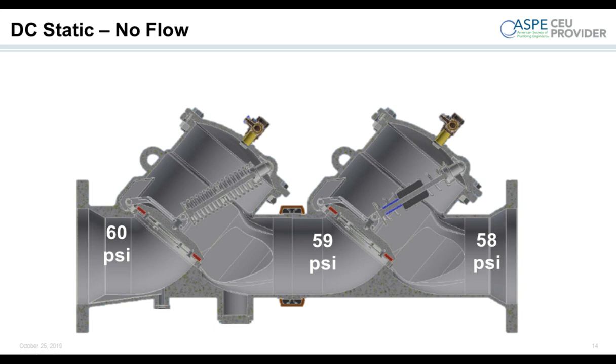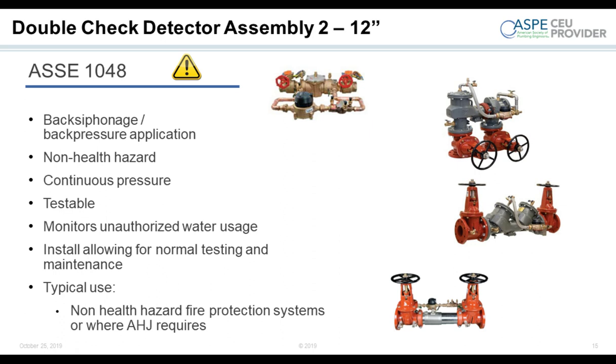Back to DC. So we've looked at DCs. Let's take a look at the detector assemblies. You notice it's very similar to a double check, but these are a different ASSE standard. They're 1048. Unlike a simple double check, these are typically only available from 2 inches and up because they are for fire connections.